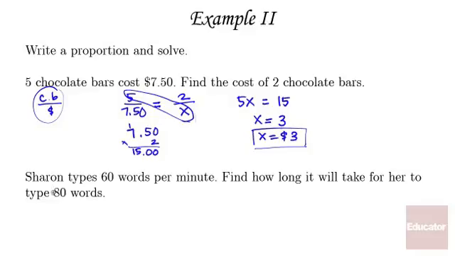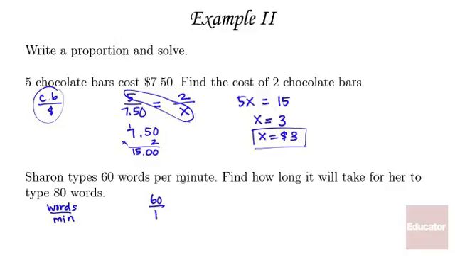Okay, the next one, Sharon types 60 words per minute. Find how long it will take for her to type 80 words. So my word ratio can be words over minute. So 60 words per minute, so that's over 1, right?